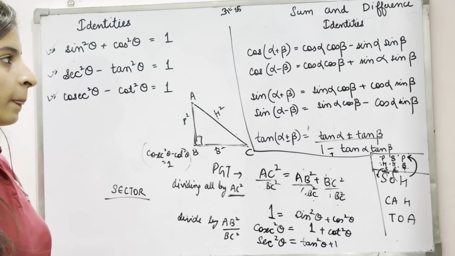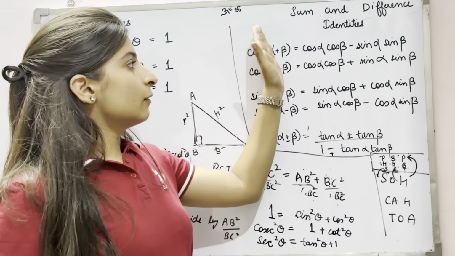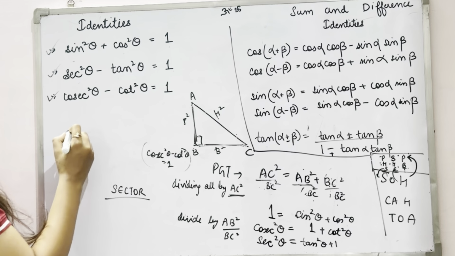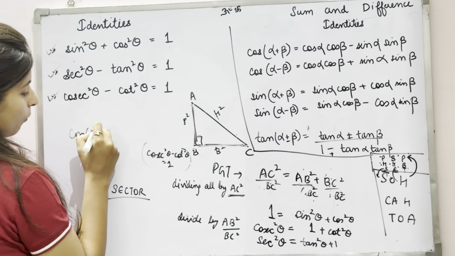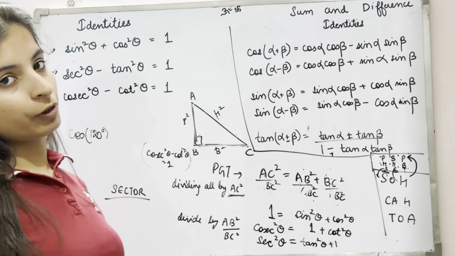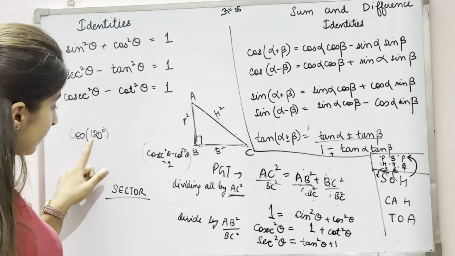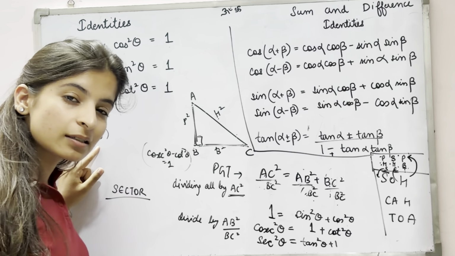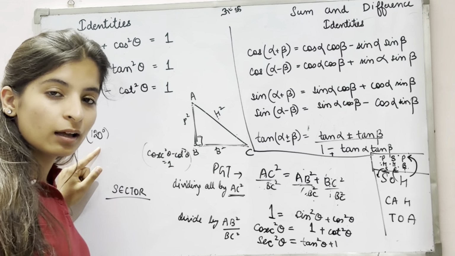Alright? Cos alpha plus beta. For example, I have to find cos of 120 degrees. 120 degrees can also be written as 60 plus 60, cos of 2 theta.